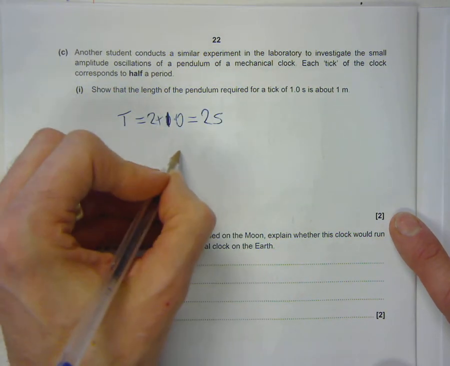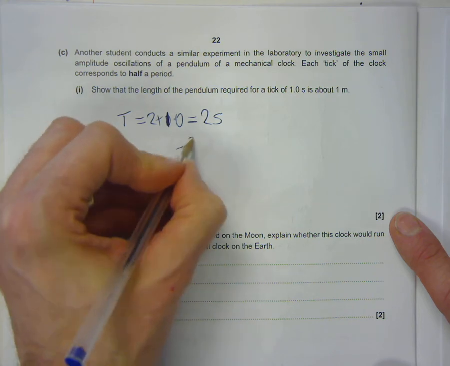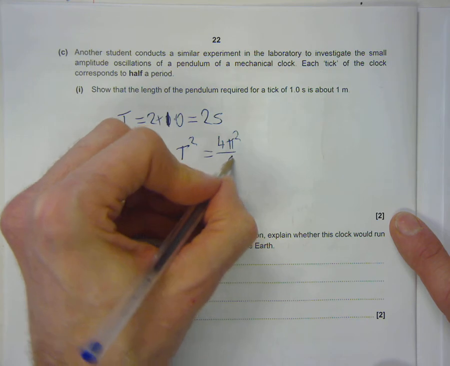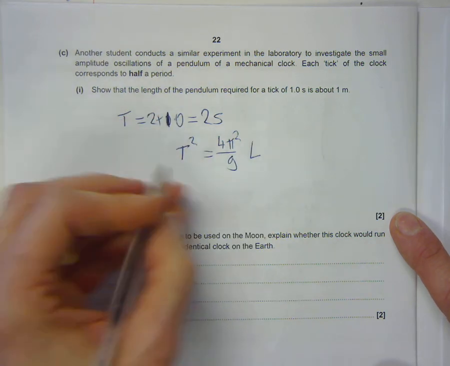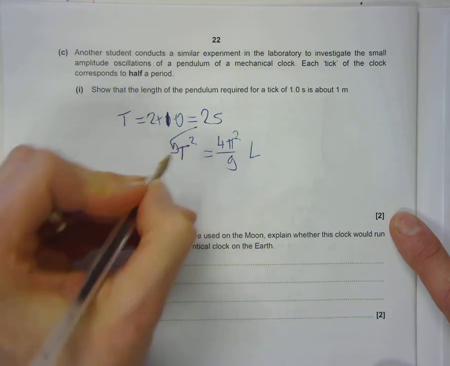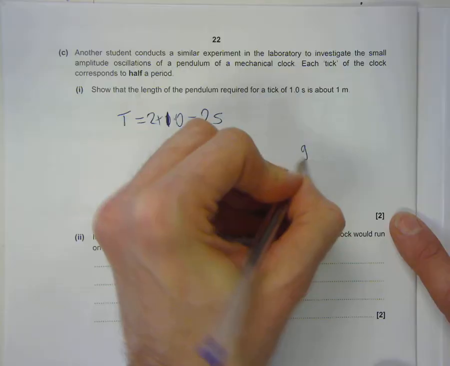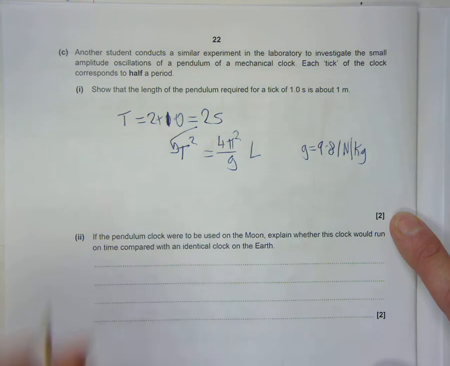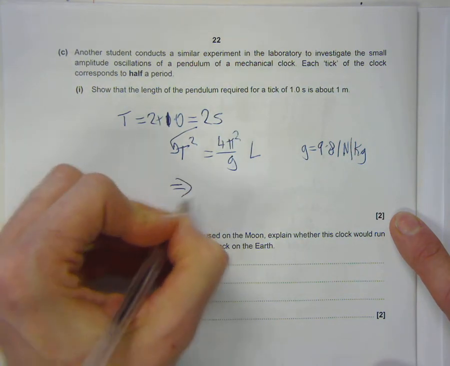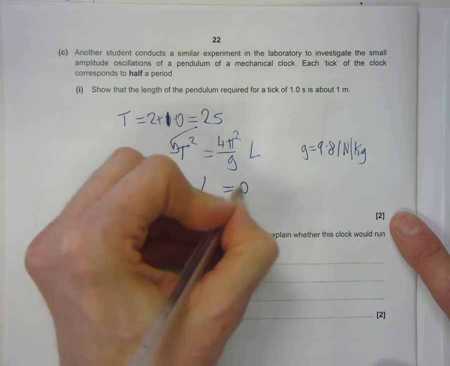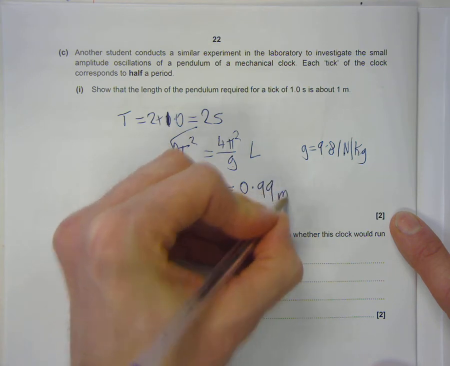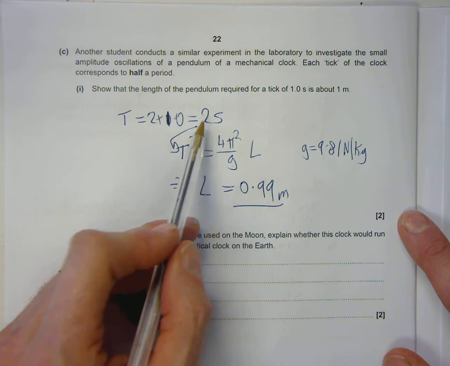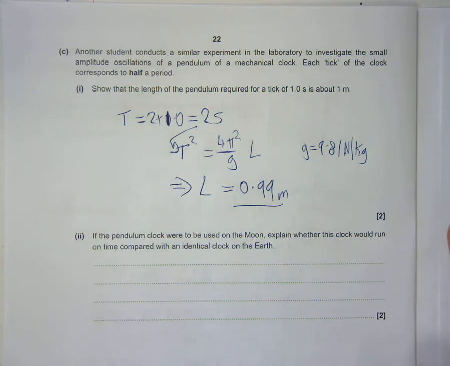So we're just going to simply substitute the time period t is 2 seconds into the formula t squared equals 4 pi squared L over g. g is a constant, g of course is 9.81 newtons per kilogram on the surface of the Earth, then that leads to L being equal to about 0.99 meters. 2 marks, should be easy. Make sure you get the correct time period, don't use 1 second.